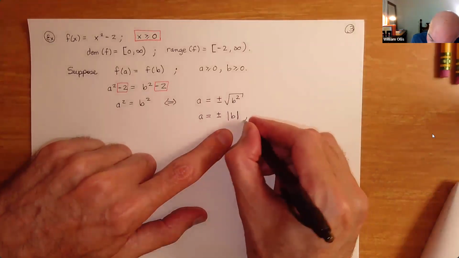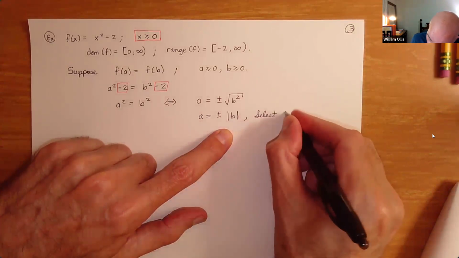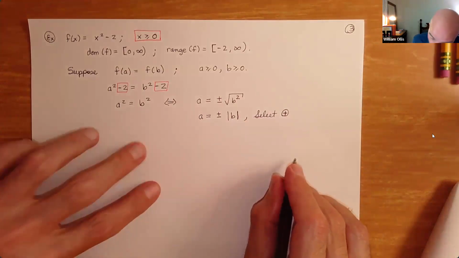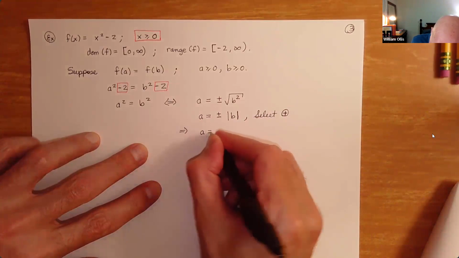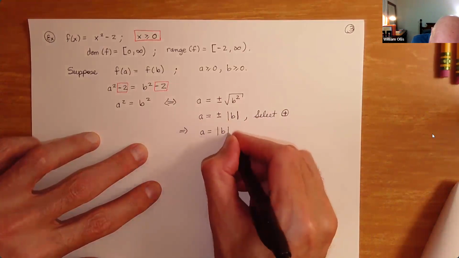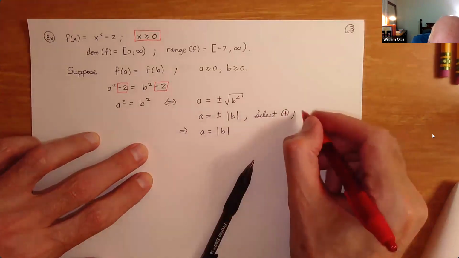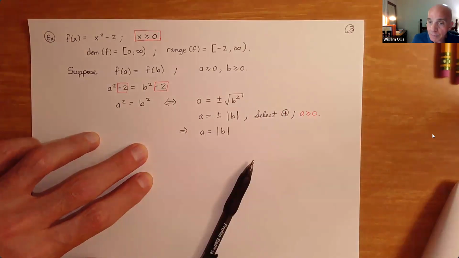So this would imply that we select the positive absolute value. So therefore, this implies that a equals the absolute value of b. Again, this is done because a is greater than or equal to 0 by definition.